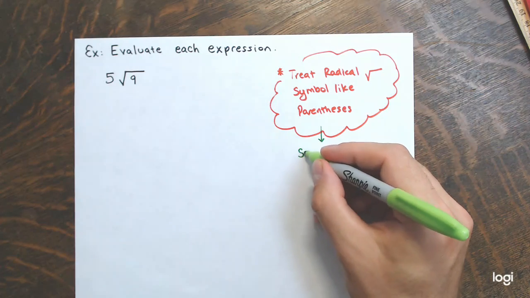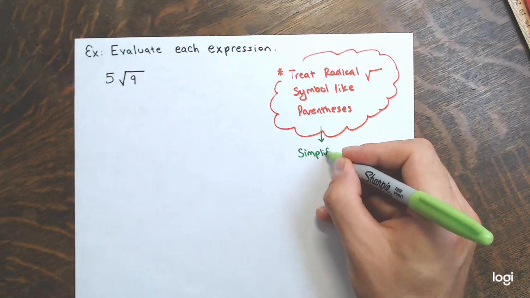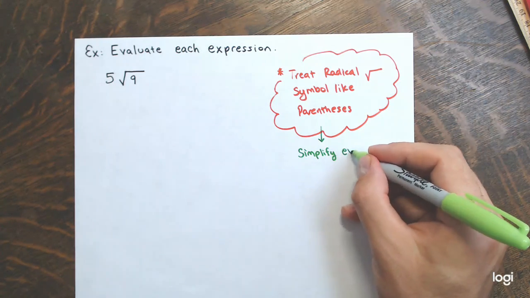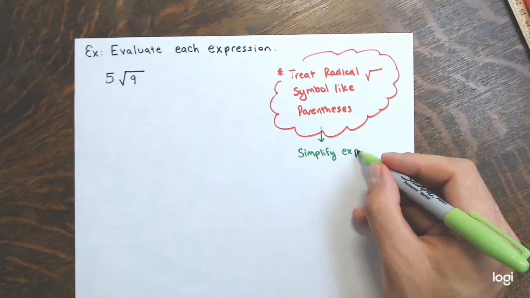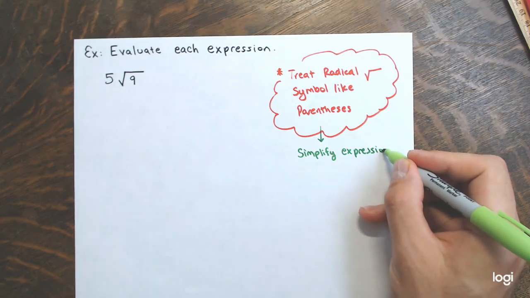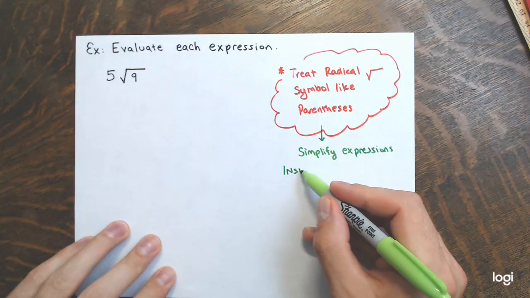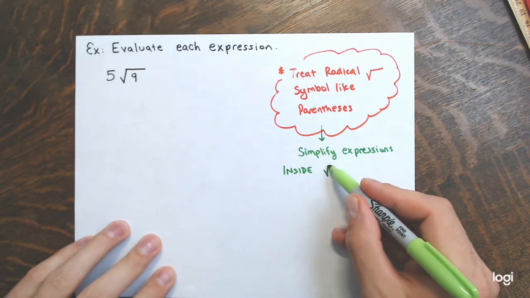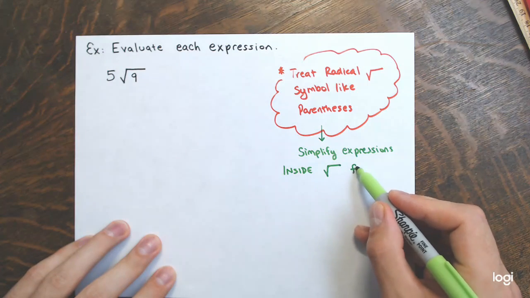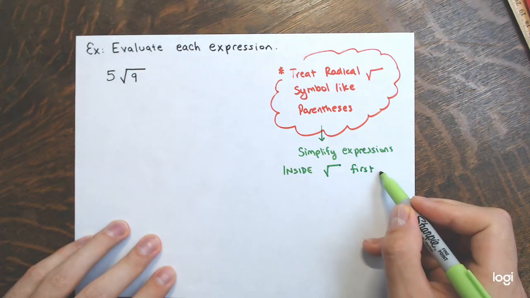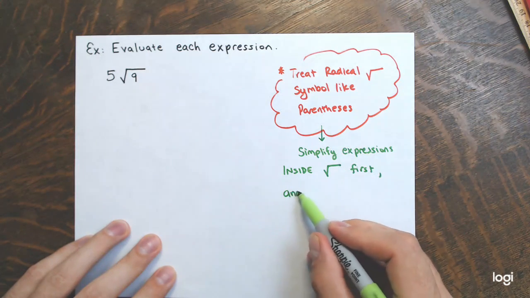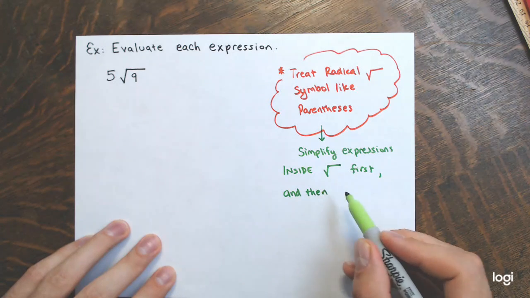So you simplify expressions inside the radical symbol first, and then take the square root.